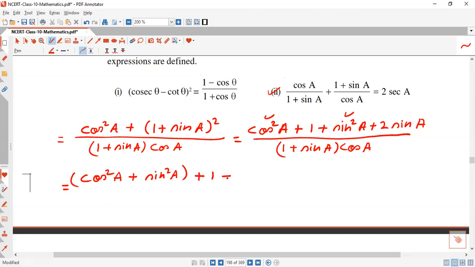Plus 1 plus 2 sine A, divided by 1 plus sine A, cos A.